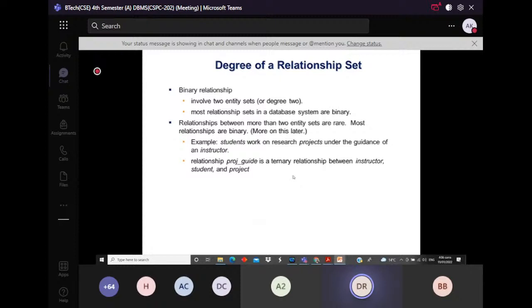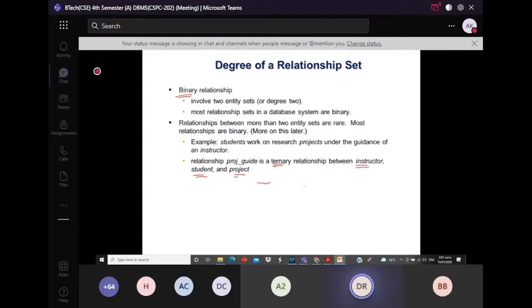Now next is degree of a relationship. We discussed this in the last lecture also. If the relationship is between two entity sets, then it is called a binary relationship. And if the relationship is between more than two entity sets, for example a ternary relationship. Ternary relationship means, for example, there are three types of entities: instructor, student, and project.